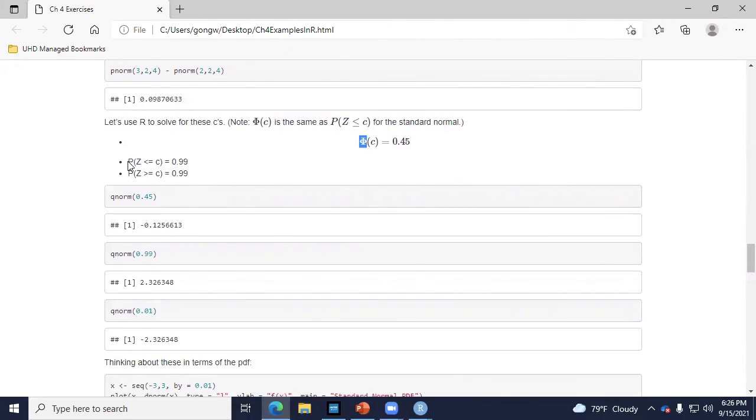So now we're trying to find the C value in this statement. This is finding the quantile.